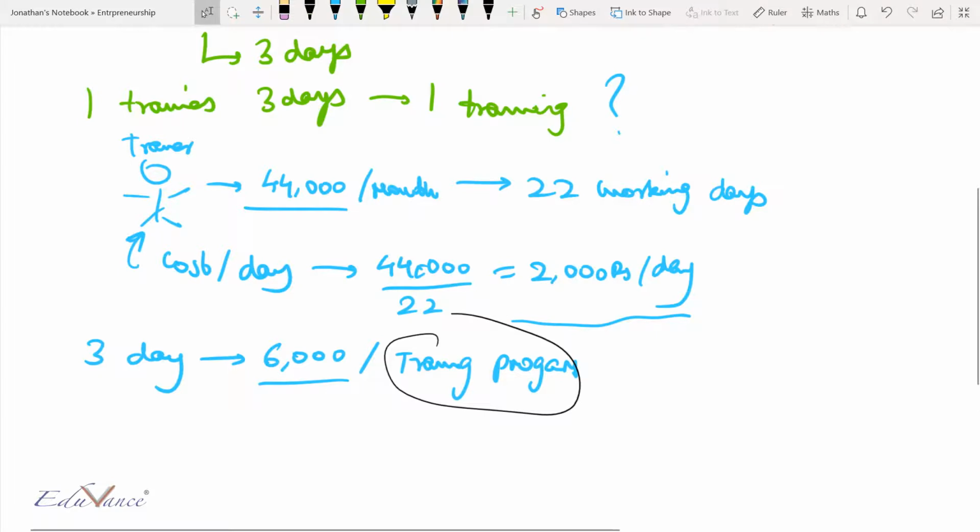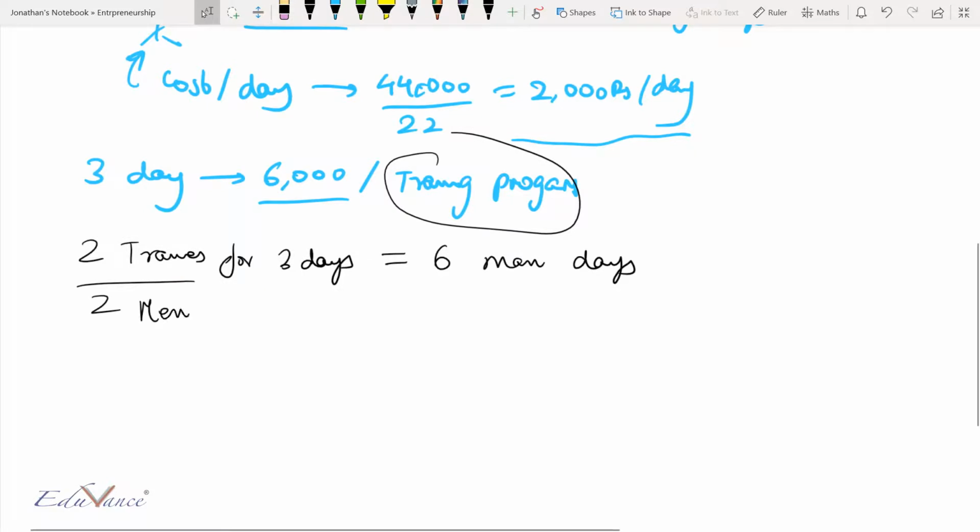Can you guess? Now I have 2 trainers for 3 days, correct? So that equals a concept of 6 man days. It's basically 2 men needed for 3 days, which is equal to a total of 6 man days.